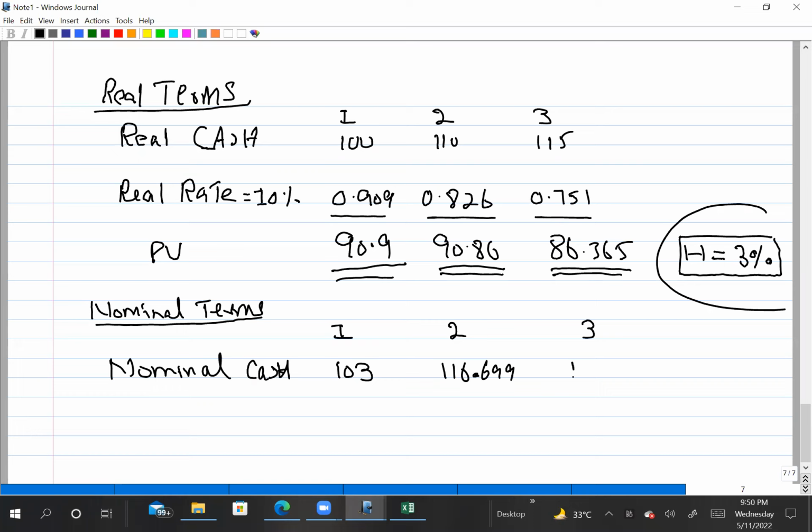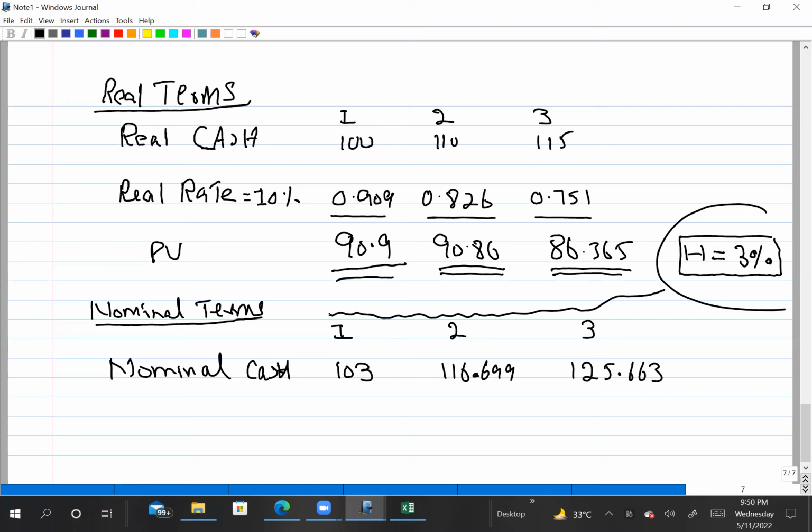So the third year cash flow will be 125.663. So we have inflated the cash flows with the 3% rate. So now we have nominal cash flows.